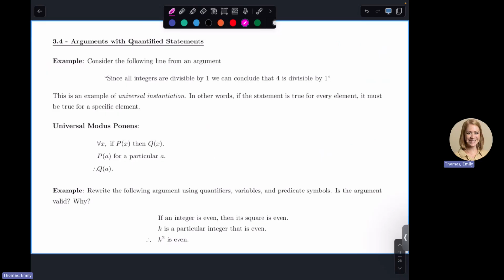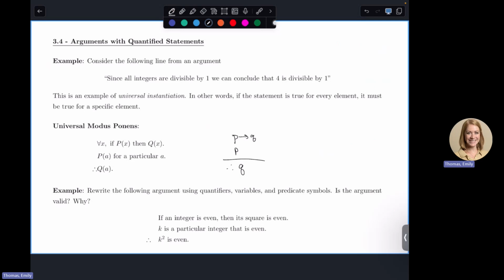And so then the conclusion is that q of x is true for that particular thing. So remember, modus ponens looks like this: p implies q and p, therefore q, right? So this is that same thing. It's just that this is stated in general, and then this is a particular case where it happens.